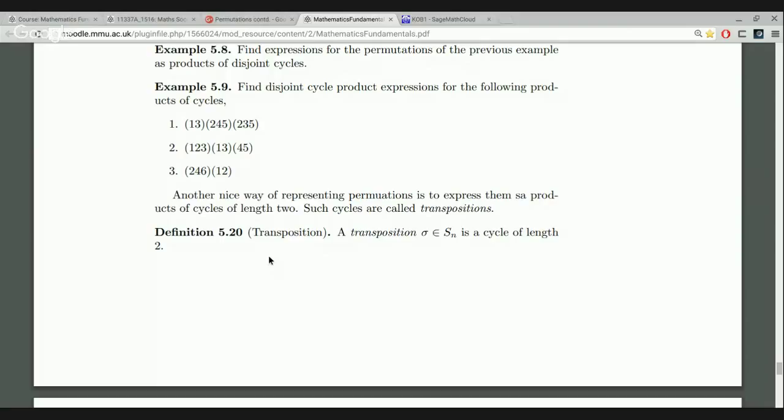So working from a permutation expressed as a product of cycles, and that's typically how we encounter permutations. They'll be expressed as some combination of cycles, not necessarily disjoint.